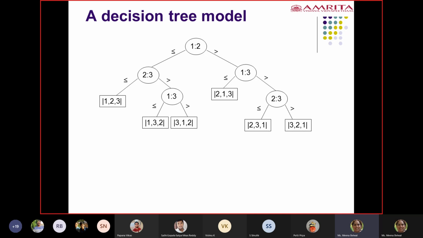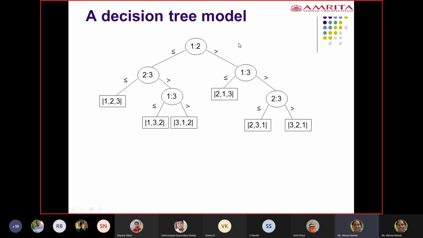Right? So initially, I told you before we started this decision tree model that not all the leaves will give me the sorted order. The meaning of that was based on the input. For a particular input, I will fall into a particular leaf. For the same input, if I go to any other leaf, that will not give me a sorted order.